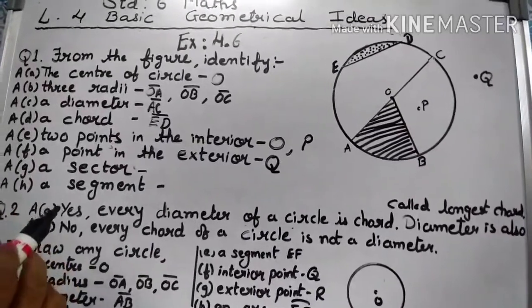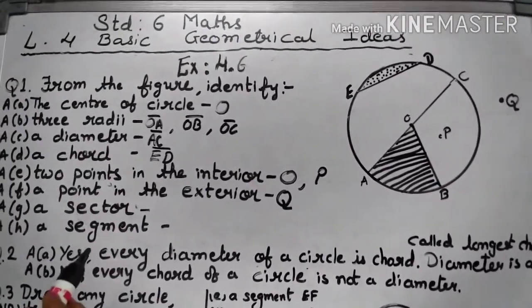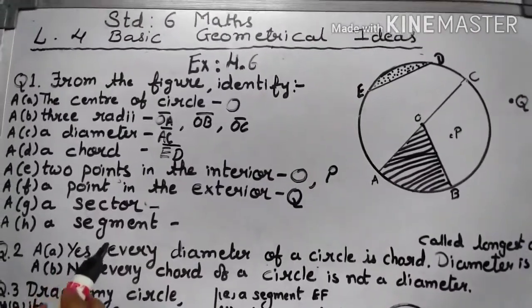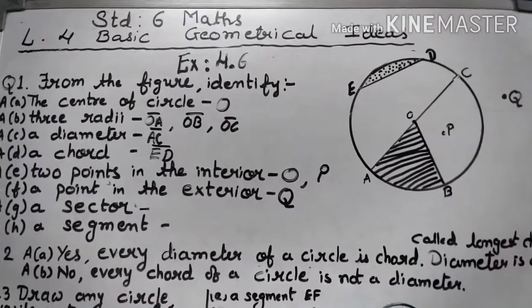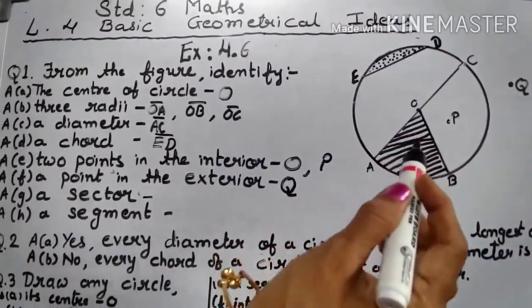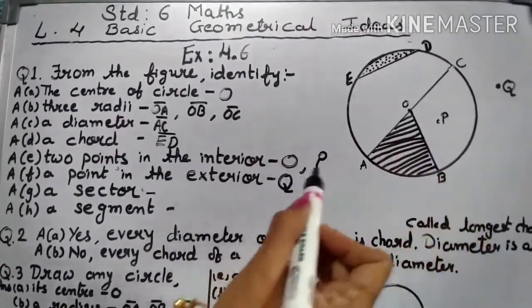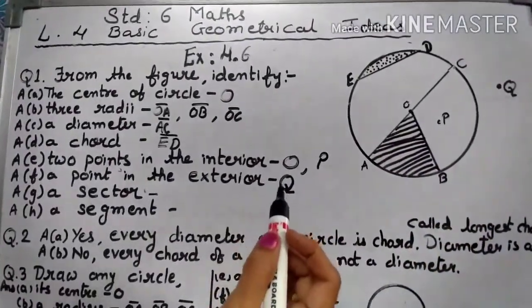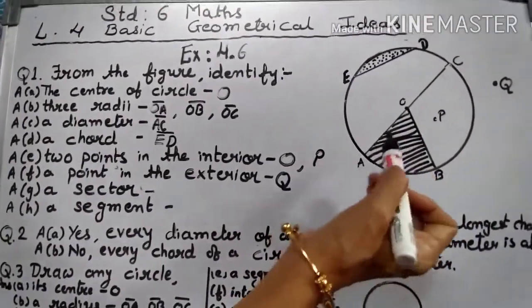Now, a sector. Students, as I had explained to you, a sector is a region in the interior of the circle which is enclosed by an arc and 2 radii of a circle. Here your 2 radii are OA and OB.